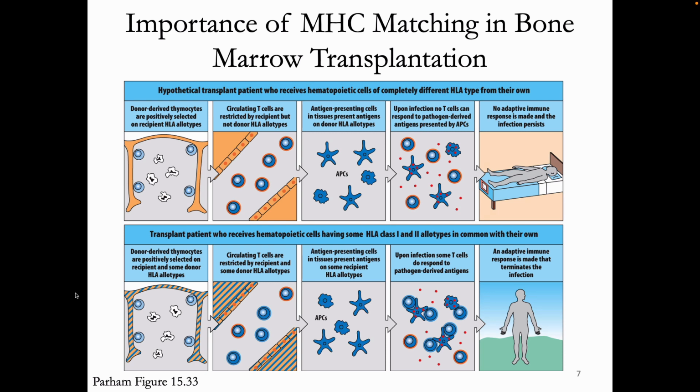When that happens, all of those T cells are going to develop in the recipient thymus. So it's going to be donor bone marrow, but that donor bone marrow is going to develop in the recipient thymus. What MHC will be the restriction of all of those T cells when they leave the thymus? Yeah, Sydney?